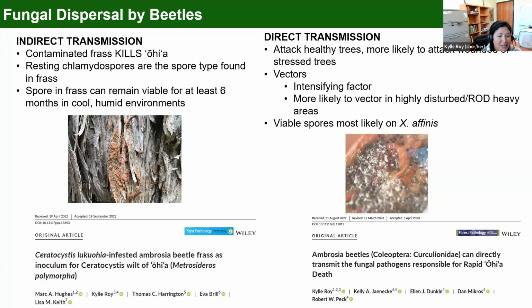Ceratocystis is such a virulent tree pathogen that just a couple of spores can kill an entire tree. So a beetle just tunneling into a healthy tree can kill the tree. We found that one beetle species, Xyleborus affinis, was most likely to carry viable Ceratocystis spores on its body.